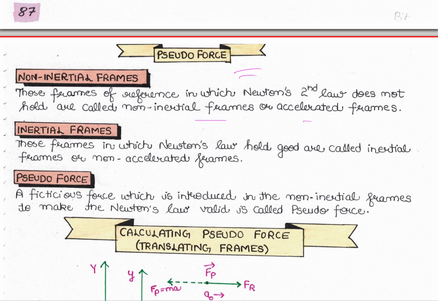So what is inertial frame? Those frames in which Newton's laws hold good are called inertial frames or non-accelerated frames. So what is pseudo force? A fictitious force which is introduced in the non-inertial frames to make Newton's law valid is called pseudo force.